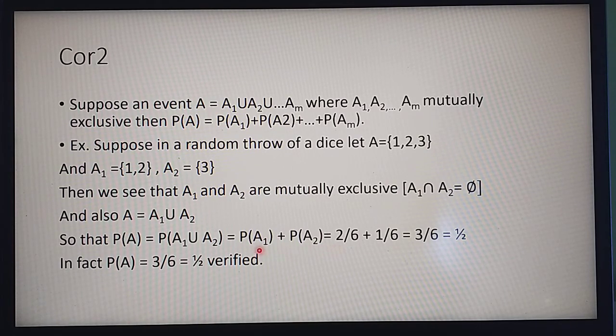P(A1) is 2 by 6 and P(A2) is 1 by 6. After addition, this is 3 by 6, which is equal to half. So we verify it. In fact, P(A) itself, for {1, 2, 3}, is 3 by 6, equal to half.